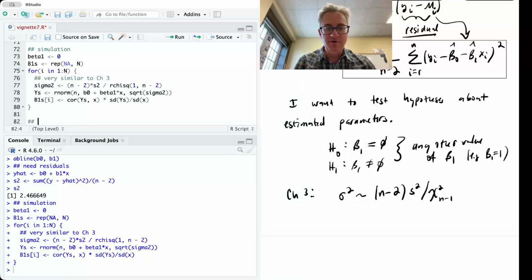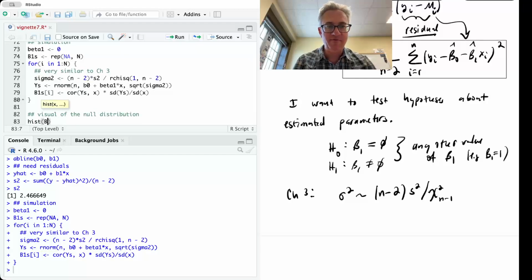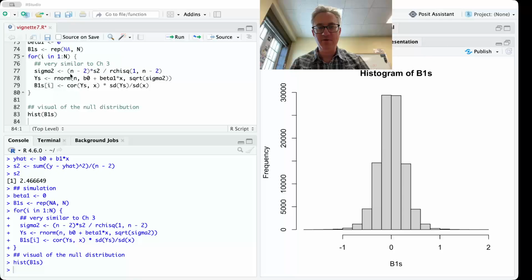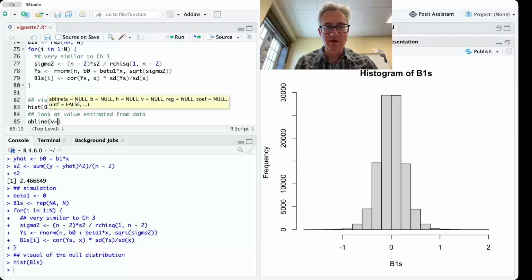And then I can do the usual visual of the null distribution. So that's a histogram of these virtual beta 1 hat values, and I need to show you that plot. So there is the histogram, and then I can look at the value estimated from the data. So abline v equals B1.